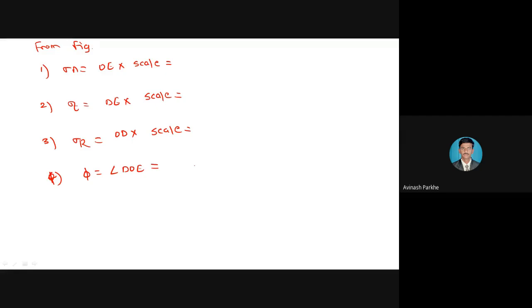Measure all the dimensions by using the scale. 4.4, 4.3, 4.5. Whatever answers you got, just write down those answers.